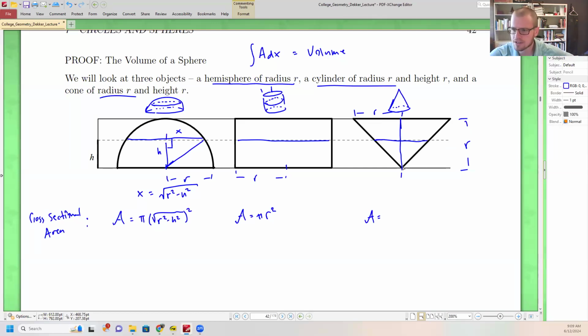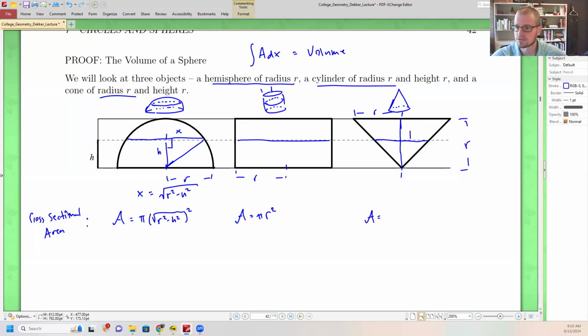So if we think of how we're moving upwards here, since this is length r, this is length r, this is length r, we have that these lines are going up at the same rate that they're going over. That is, as I move up by h, I'm moving over by h.